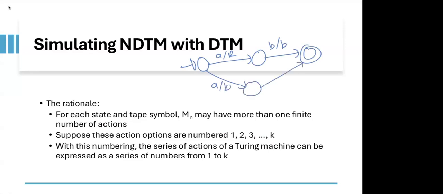And if we read A again, we, let's say, move to the left. In this case, we have non-determinism. If we read A in the current state, we may go to the right, or we may change it to a B. This is a non-deterministic Turing machine. But the options we may have are finite in number.